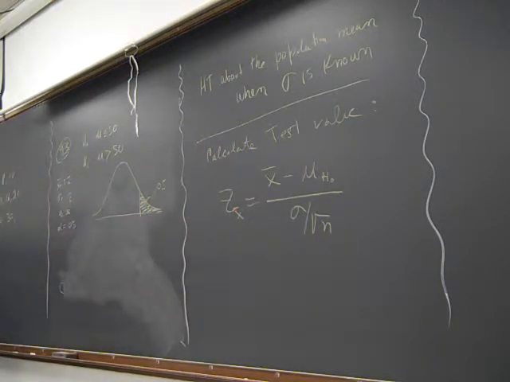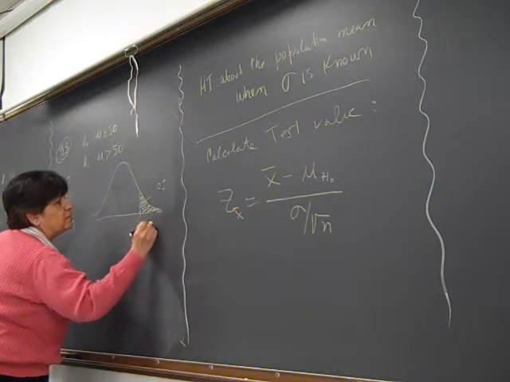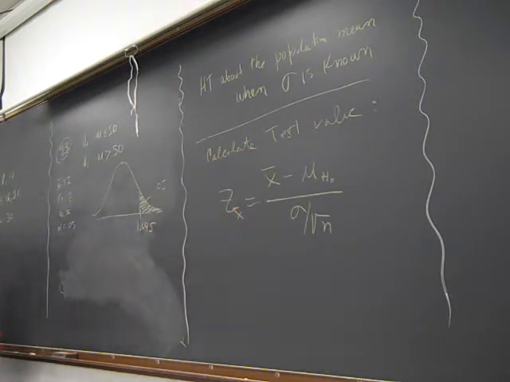If we are dealing with the Z, and I gave you yesterday the cheat sheet, if the area is 0.05, the value is 1.645. So my Z value is 1.645 because my alpha is 0.05. Okay?